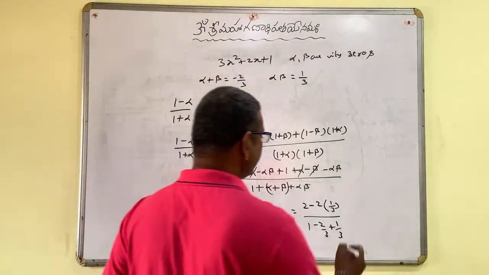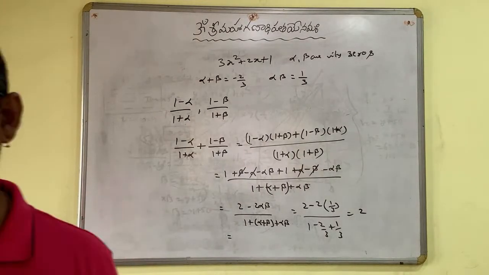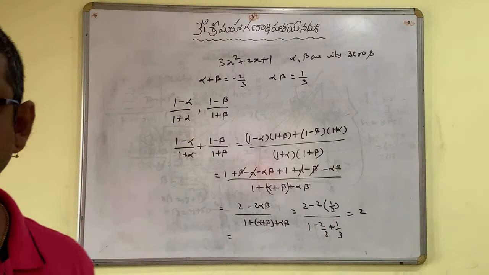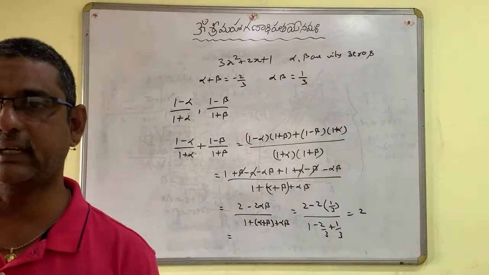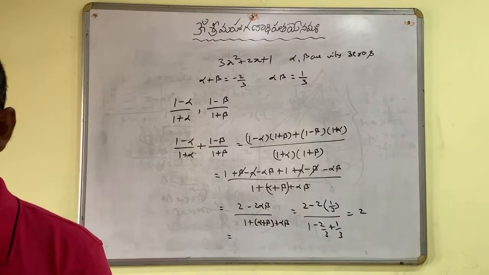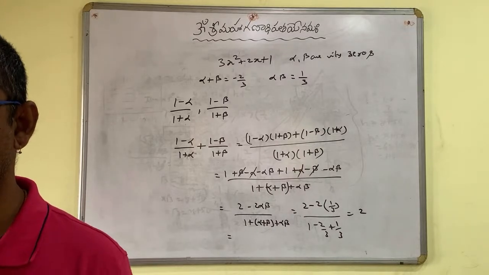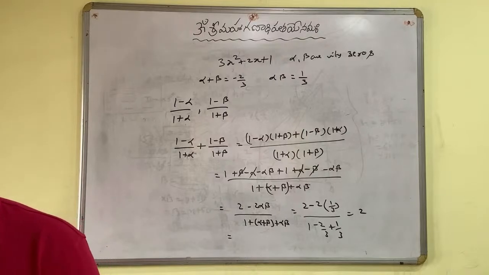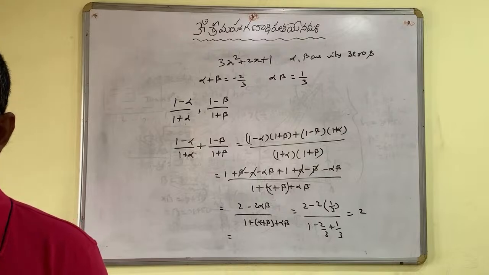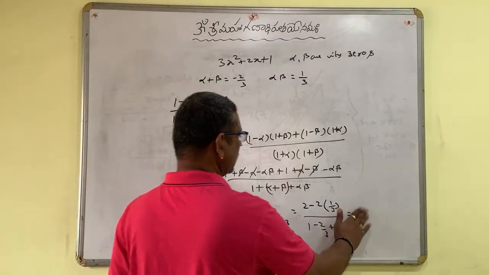So at the end of simplification we are getting 2. Is that right, everyone? After simplification we are getting 2. 2 minus 2 by 3 is 6 minus 2, so here you will get 4 by 3 on the top.